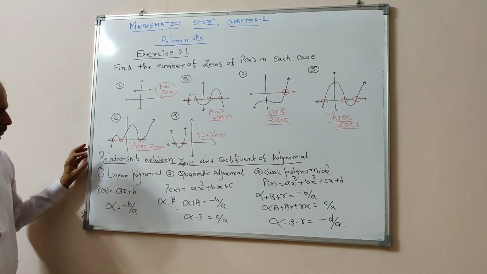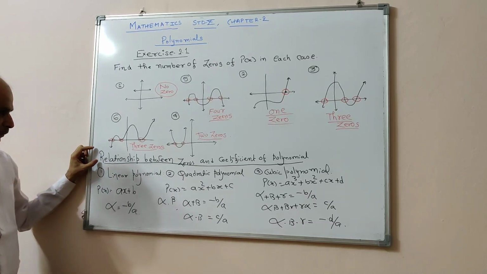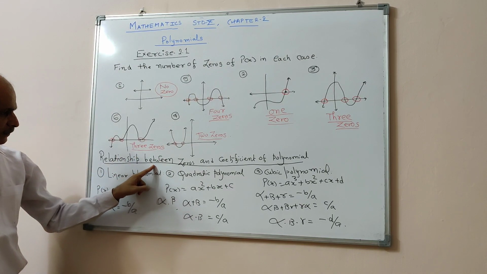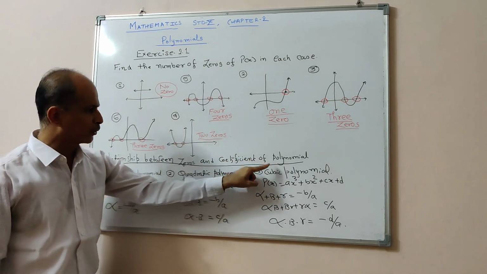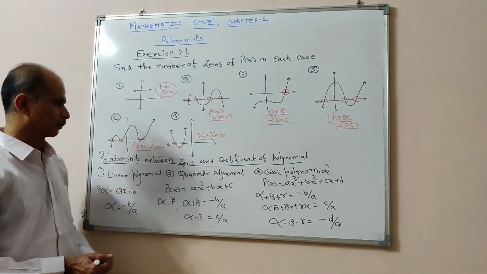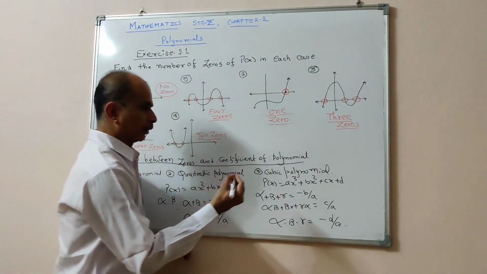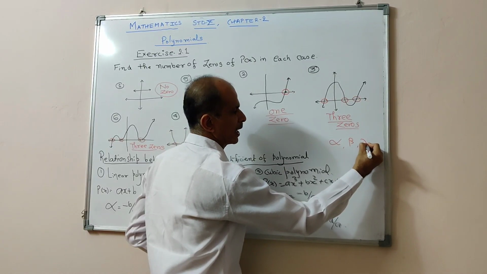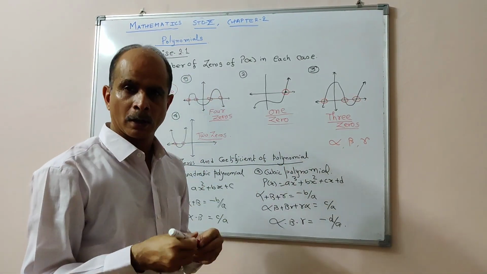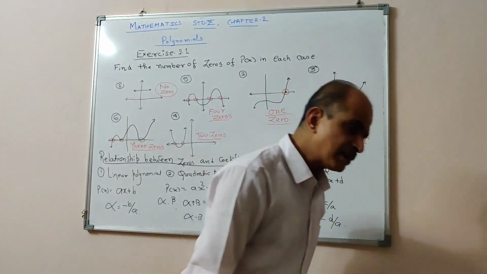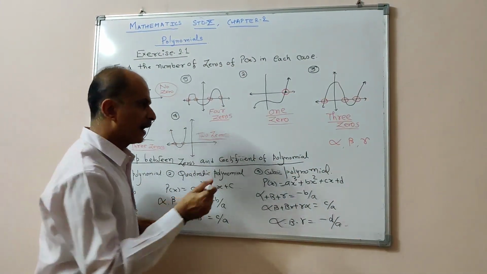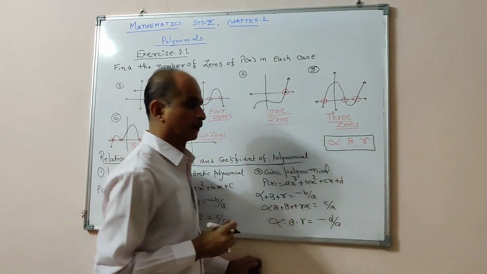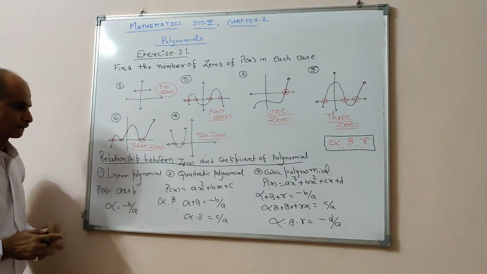Now let us try to understand another very important topic: the relationship between zeros and coefficients of polynomials. The zeros are denoted by alpha, beta and gamma. Alpha, beta and gamma are symbols for zeros of a polynomial.